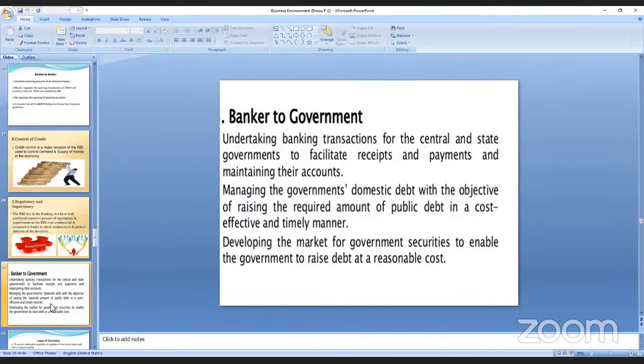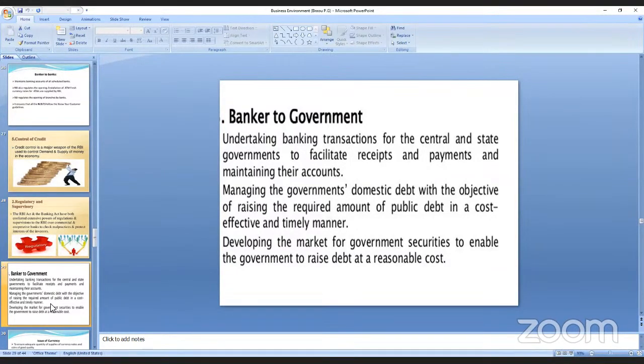Domestic debts means debts related to daily life, as the government maintains its daily domestic activities.